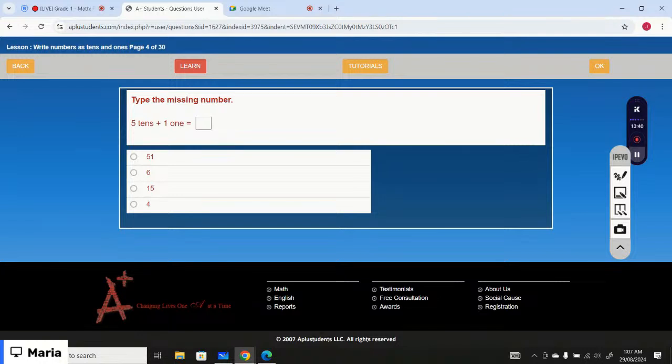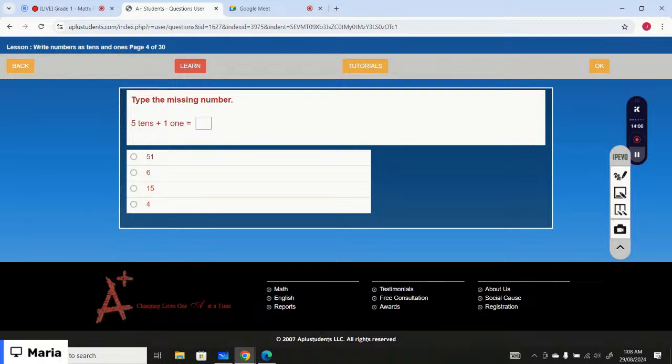Type the missing number, 5 tens plus 1 ones.